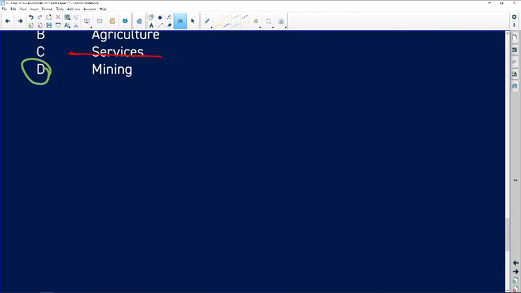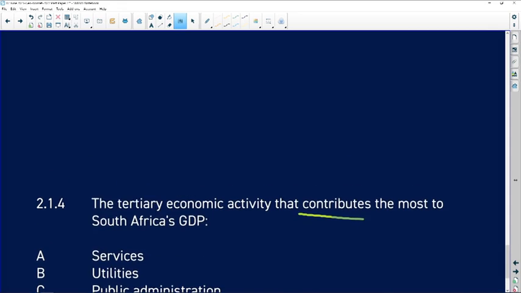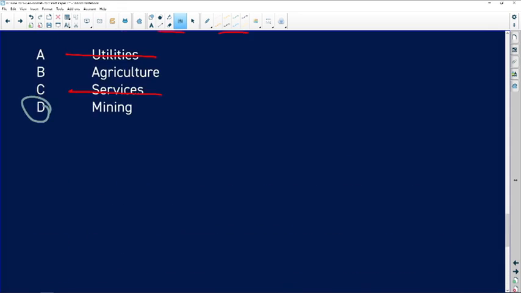If we have a look at 2.1.4, the tertiary economic activity that contributes the most to South Africa's GDP. Now, if we quickly have a look, all of these are tertiary activities, so we need to go back to the table to see which one contributes most to the GDP. Is it going to be services, utilities, public administration, or transport? Let's quickly have a look at our table.